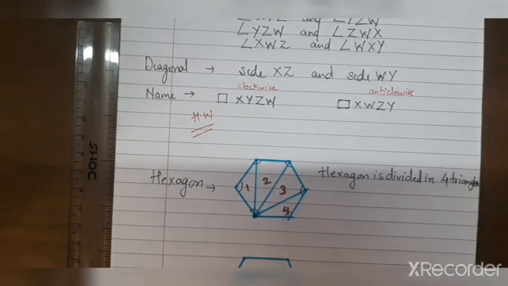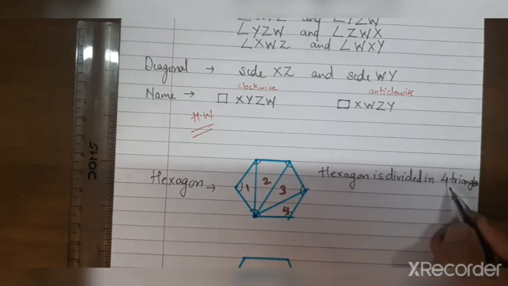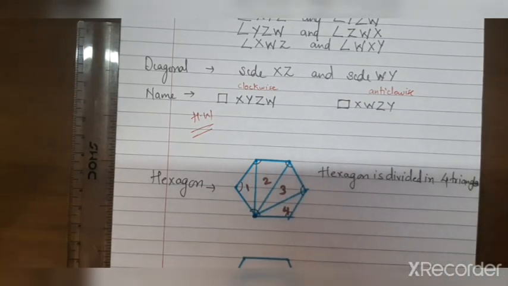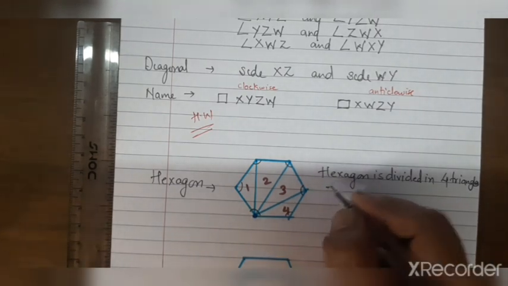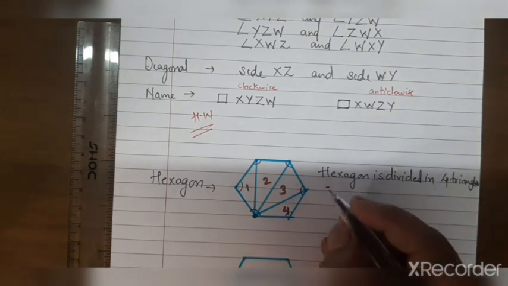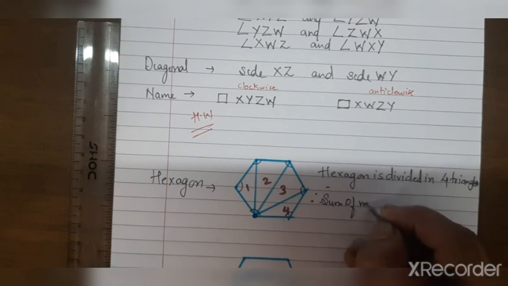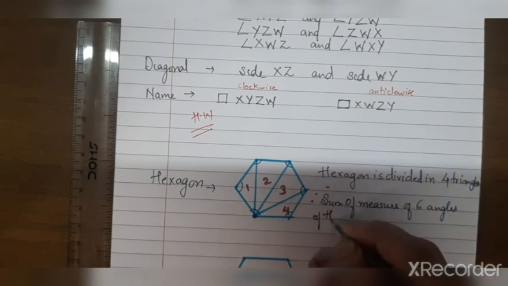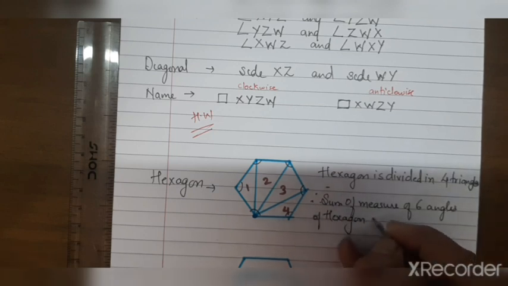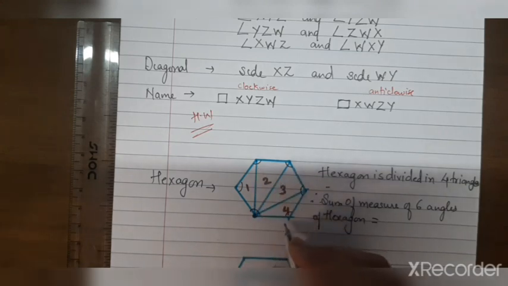Now the sum of the measure of these angles. Okay, there are 4 triangles. In one triangle there are 3 angles. So in order to get the sum of the measure of the 6 angles of the hexagon, we have to find the measure of the 6 angles of the hexagon.